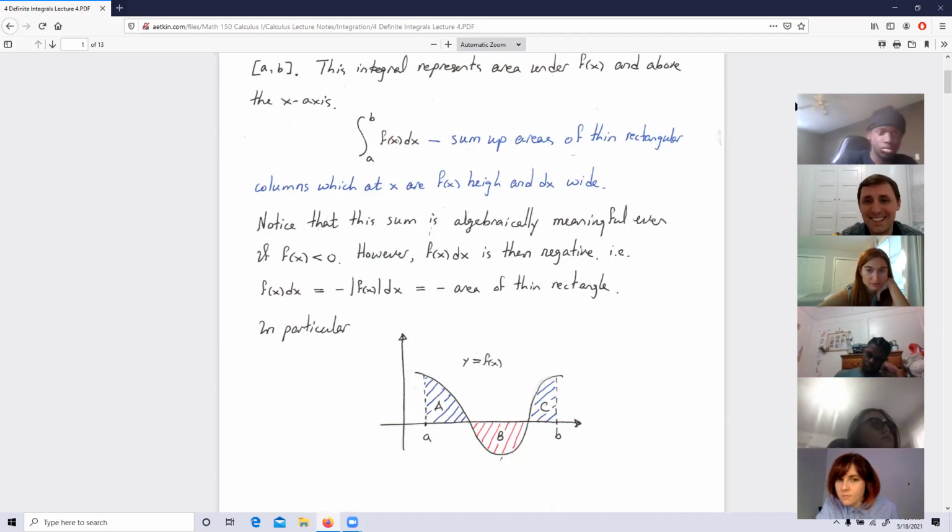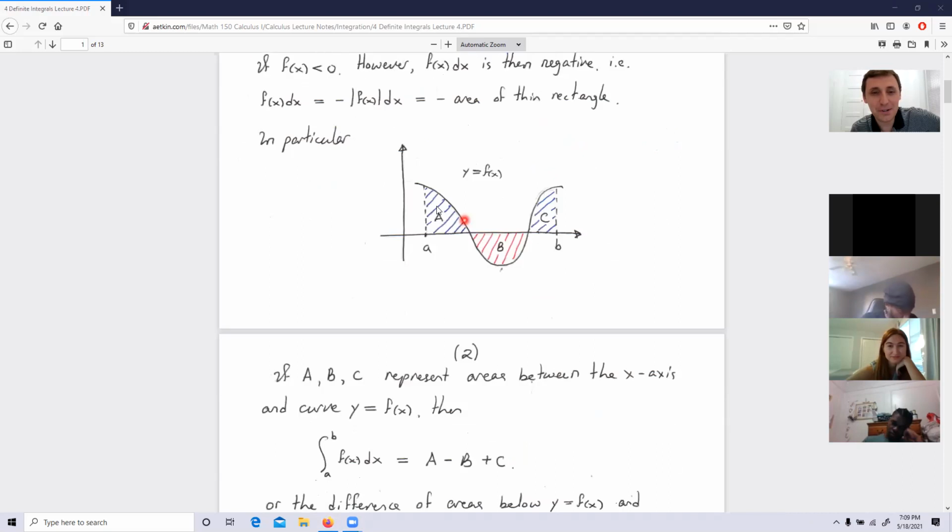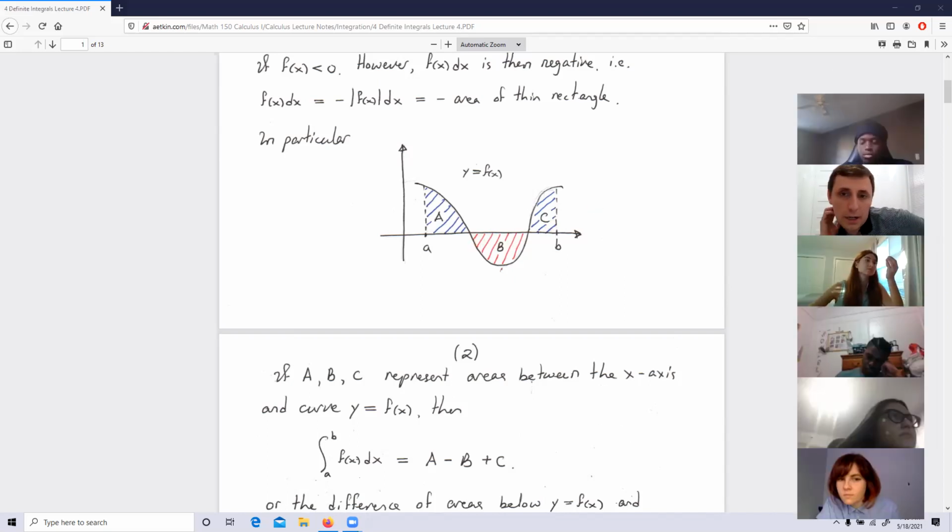Aha. Frankenstein. Frankenstein's monster, maybe. So here we have, right, guys, a curve that dips below the x-axis. In some places it is negative. So over here, it would be f of x, which is a negative number, times positive dx, which means the red region here will generate negative areas of rectangles.